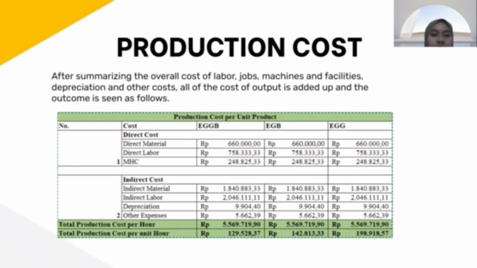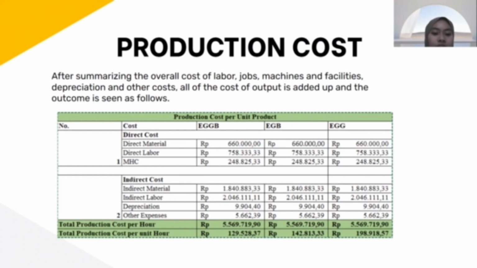And the second one is production cost. After summarizing the overall costs of labor, jobs, machine, facilities, depreciation, and other costs, all of the costs are added up and the outcome is as follows. The total production cost per hour for the three products is the same, which is 5,569 rupiah.